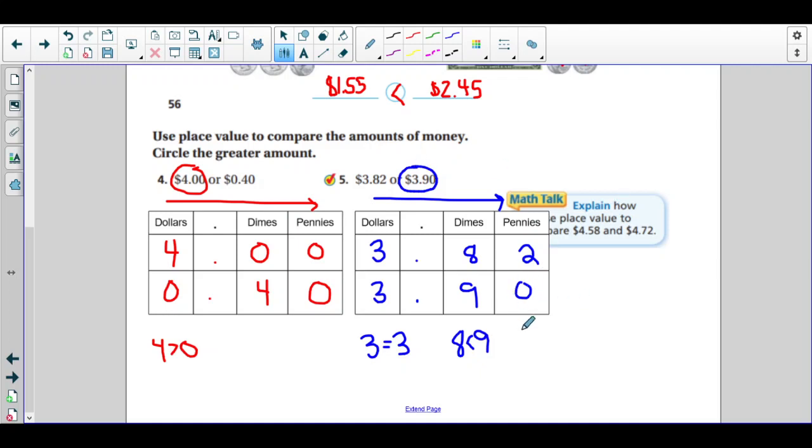Now you may be saying, oh, hold on a second, because right here 2 is greater than 0. So shouldn't it be that way? Nope. As we go left to right, all that we were doing is trying to find the first one that's not equal. So 3 is equal to 3. That's a wash. So we have to go to the next one. 8 is less than 9, or 9 is greater than 8. And because the 9 is greater than the 8, that means that the 9 moves that whole amount over to where it is greater than.